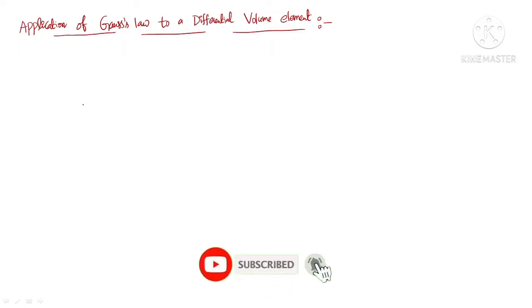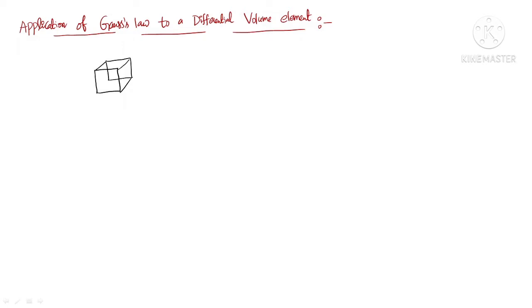Let us consider a small volume element which is available in free space like this. It looks like a cube.